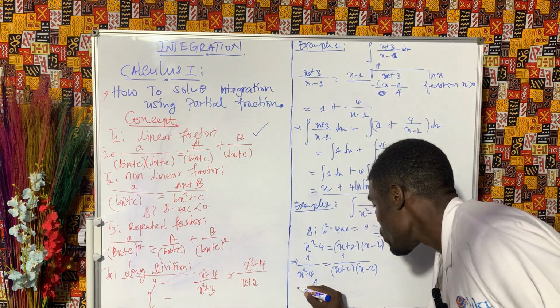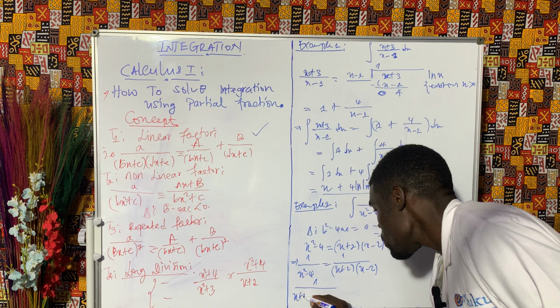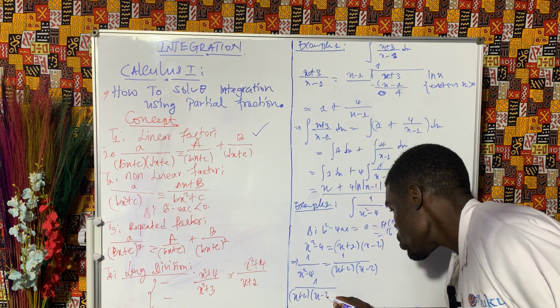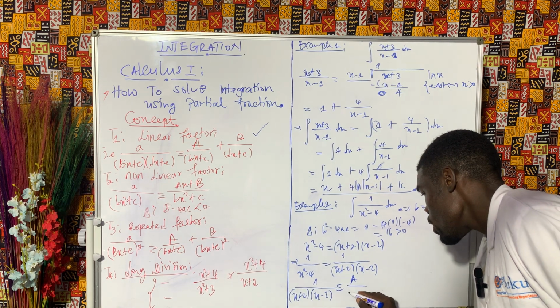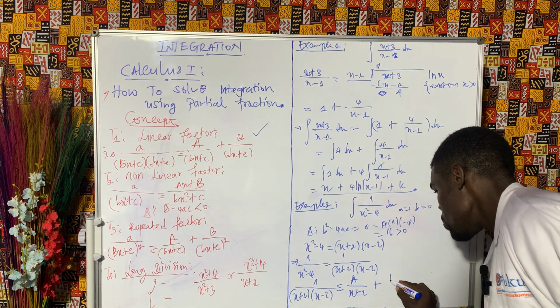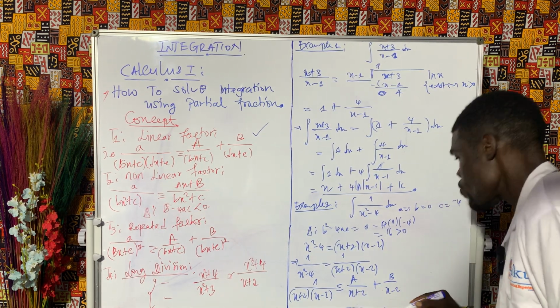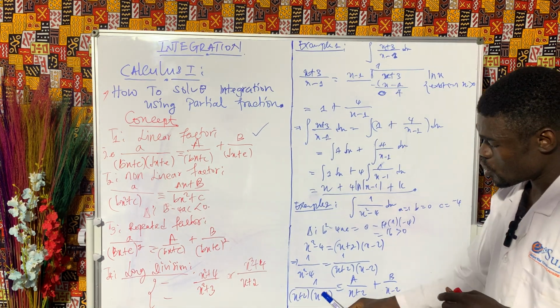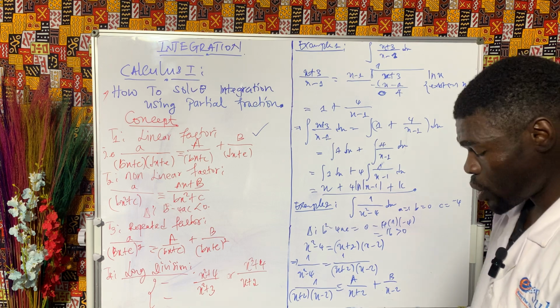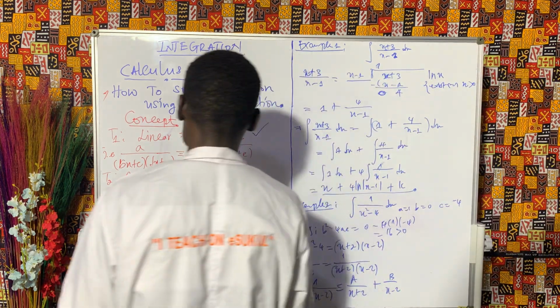So we are going to have 1 over x plus 2, x minus 2, which is equivalent to A on x plus 2, B on x minus 2. We then need to just solve for A and B because this is decomposition. So we use the normal LCM.